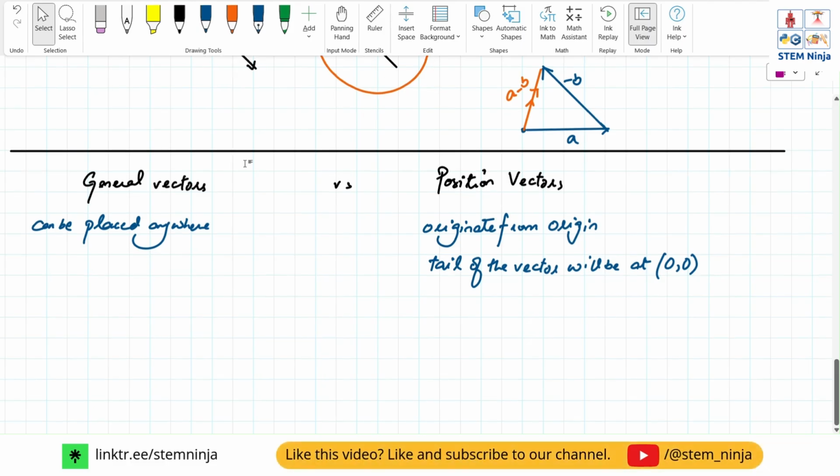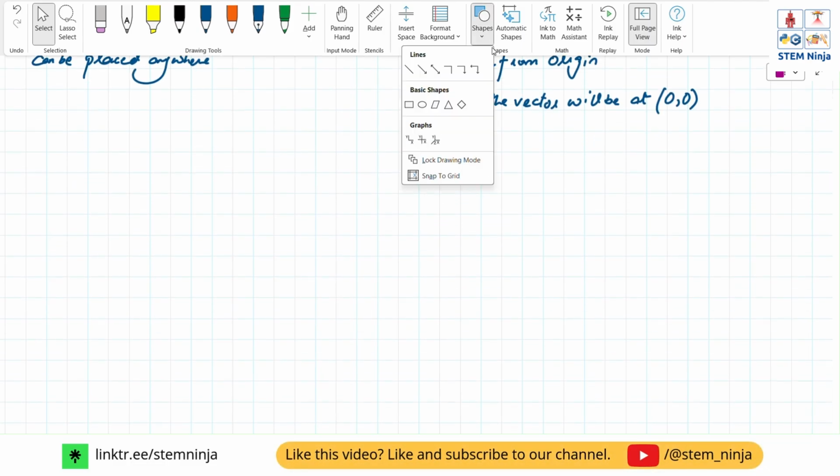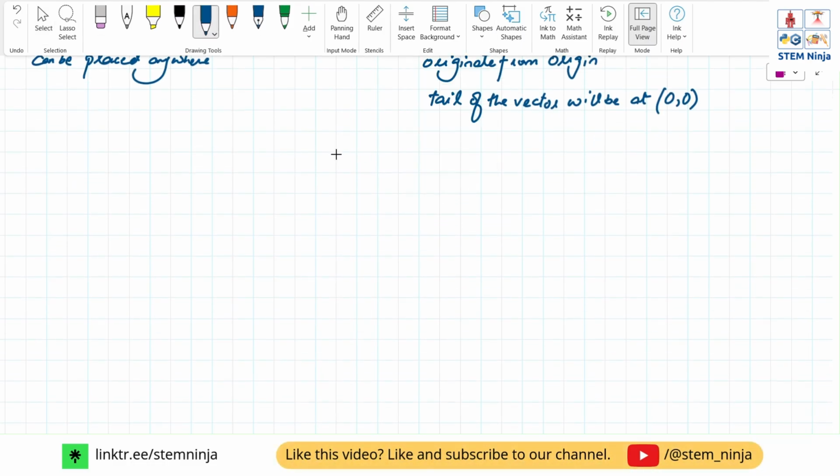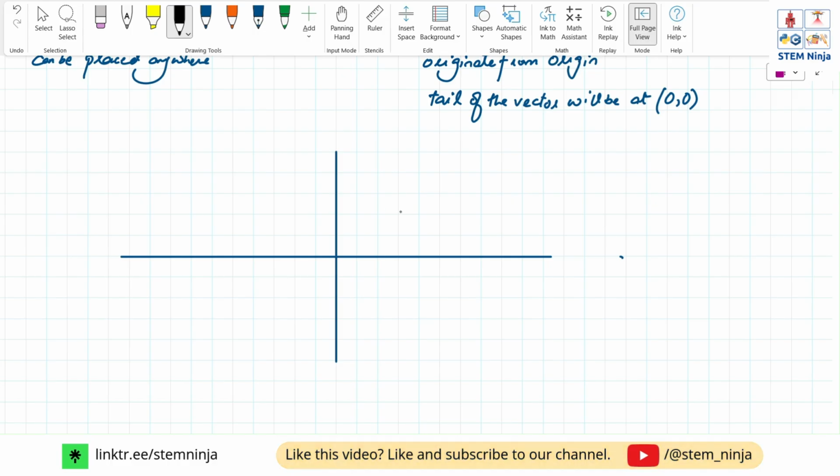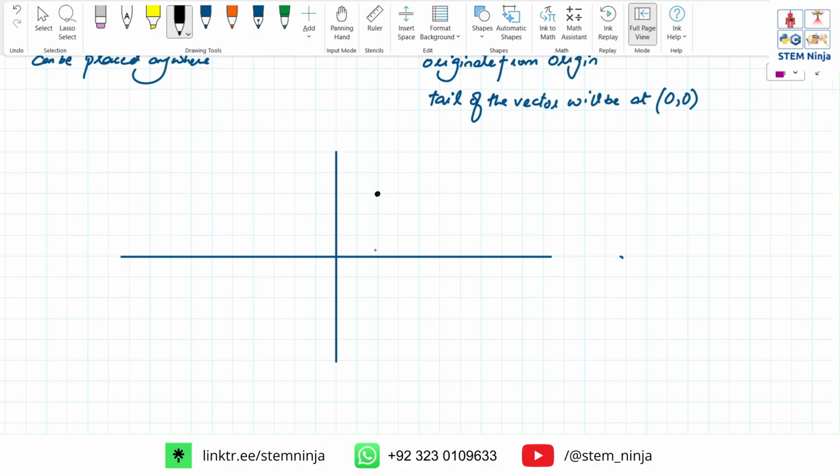Let's take an example of this. Let's say we have axes. We have a few coordinates. Let's say we have this. This is, let's say, A, and this is 2, 3.